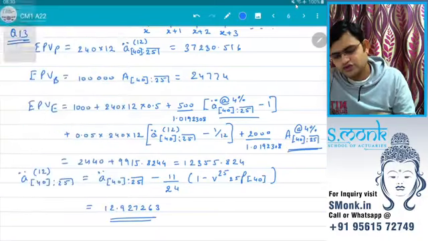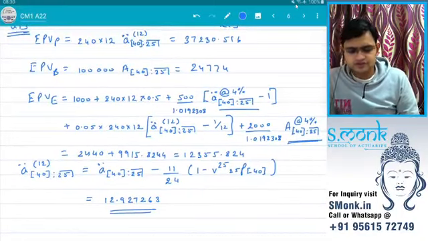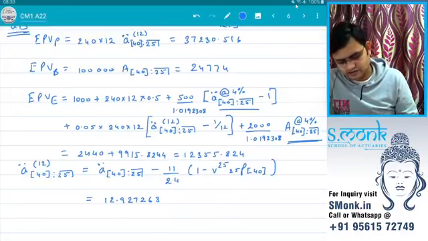So we want to show that our expected present value for premium must be equal to benefit plus expenses.